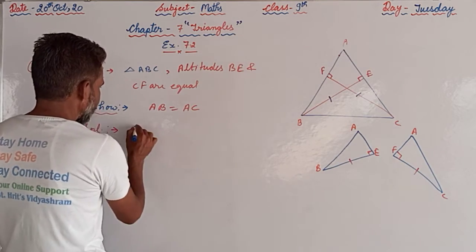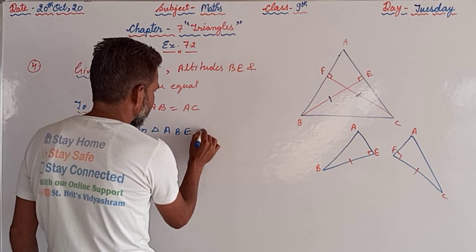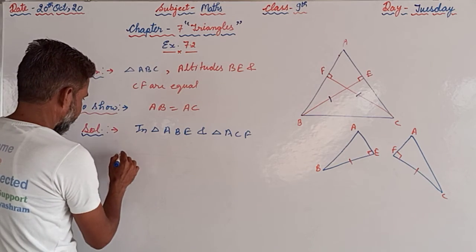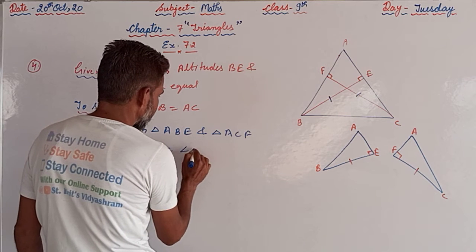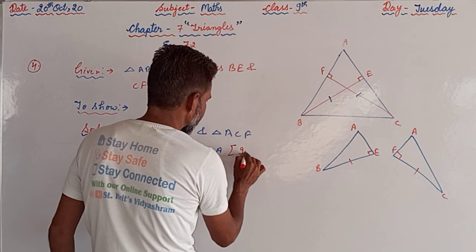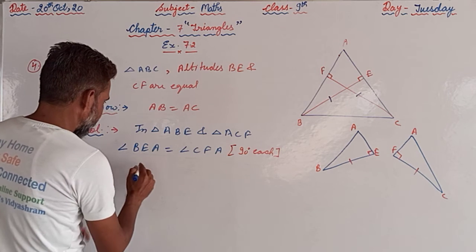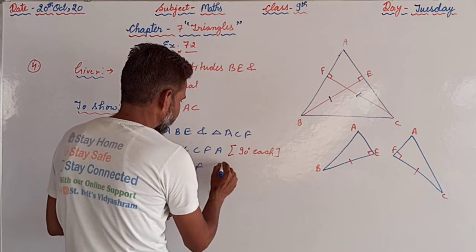Again we will write in triangle ABE and triangle ACF, angle BEA equals angle CFA, 90 degrees each, and this is also given that BE is equal to CF.